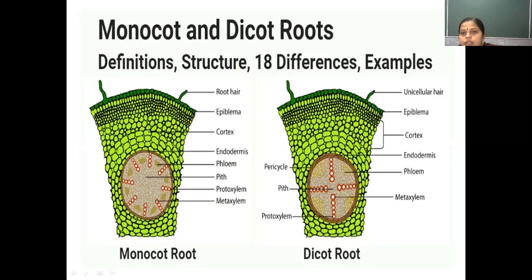Okay, next to the cortex, we can see a single layer of barrel-shaped cells called endodermis. So this endodermis shows tangential and radial wall thickening by the formation of suberin material. And the structure is said to be Casparian strips, which never allow the movement of water through them.